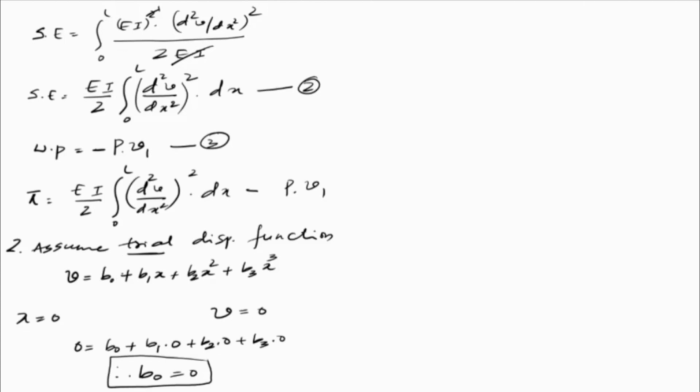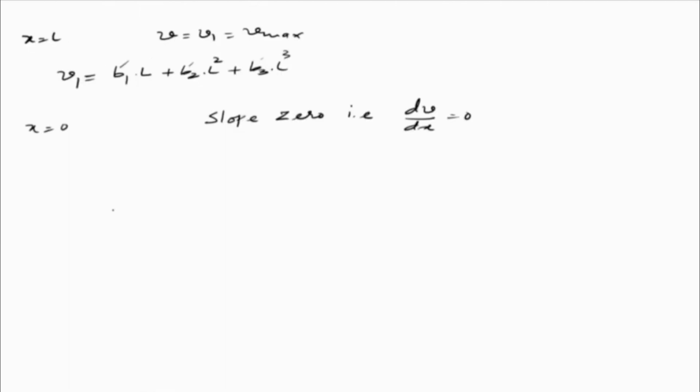Anyhow, now my b0 is 0, so only the remaining terms I'll differentiate. So dv by dx is equal to b0 is 0, I have b1 into x, x is 1, plus 2 b2 x plus 3 b3 x square.